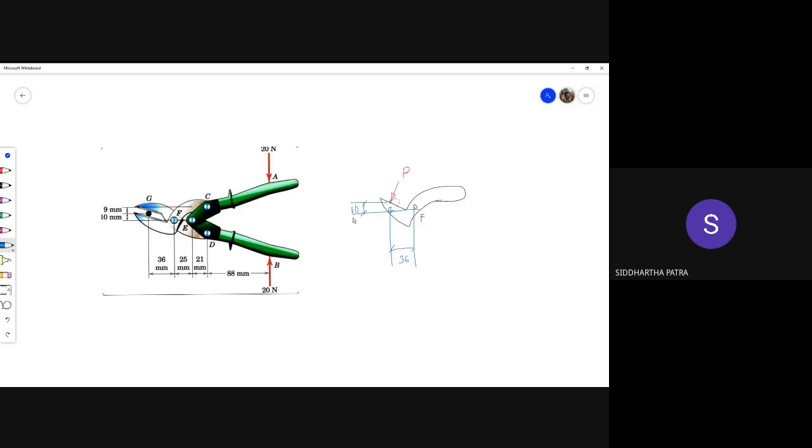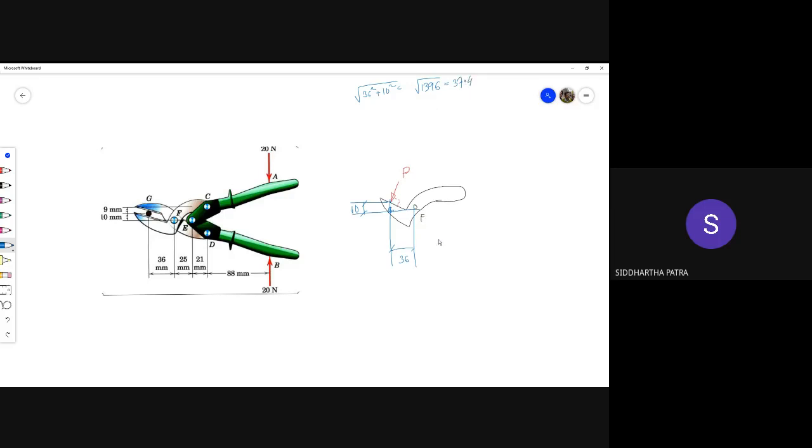So you can do the Pythagoras equation to find out the distance between F and G. That distance would be the square root of 36 squared plus 10 squared, somewhere around, I guess, 37.4.